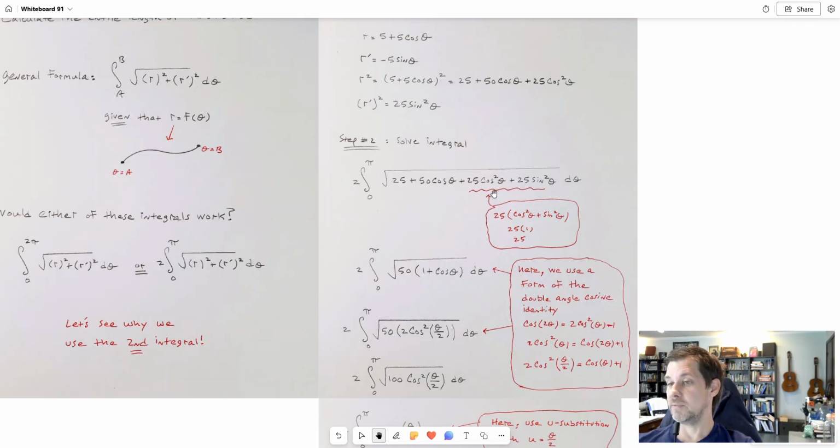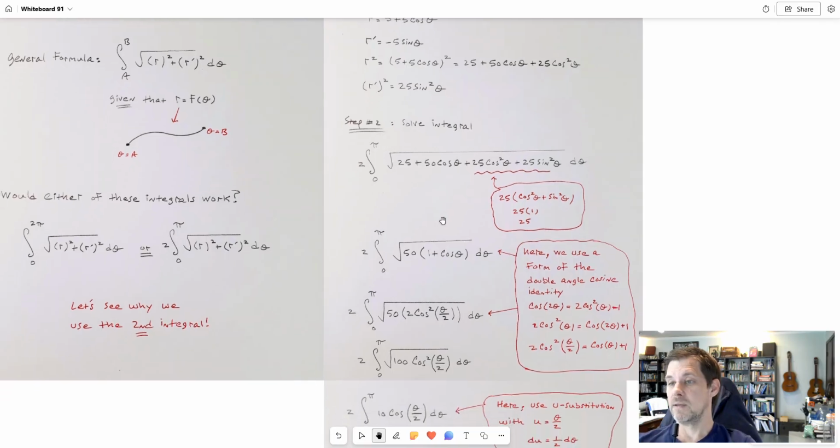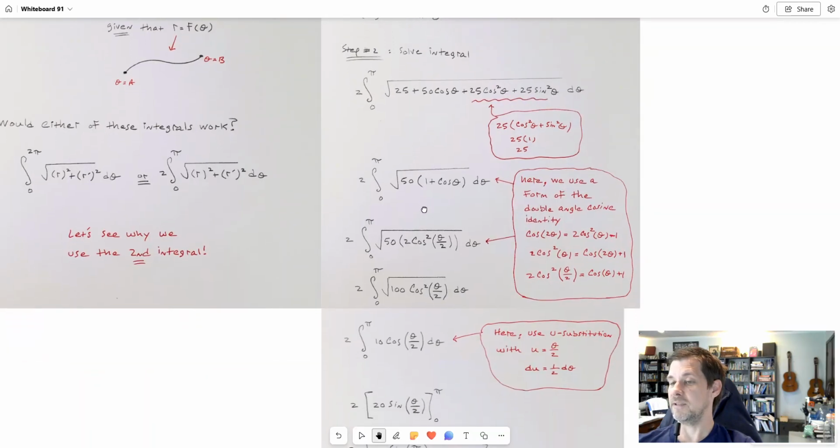Like, for example, I see 25 cosine squared plus 25 sine squared. That's the Pythagorean identity. You could factor out 25, get cosine squared plus sine squared, but that's 1. So what you're looking at here is 25 times 1, or 25. So you got 25 here, and you got another 25 there. So you got 50. You get 50 plus 50 cosine theta. Let's factor out the 50.